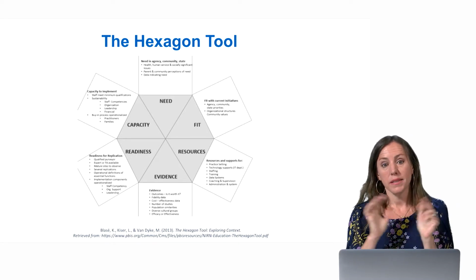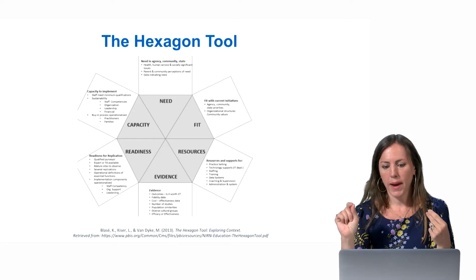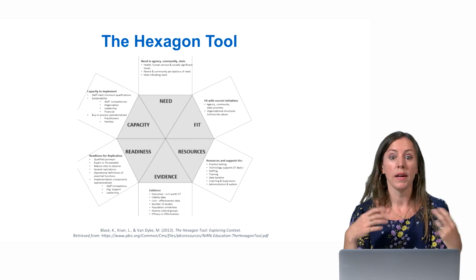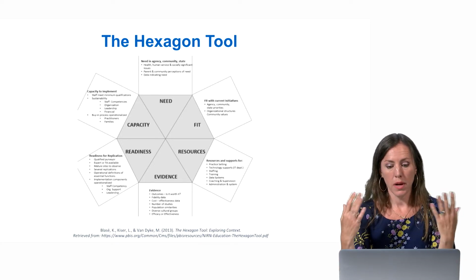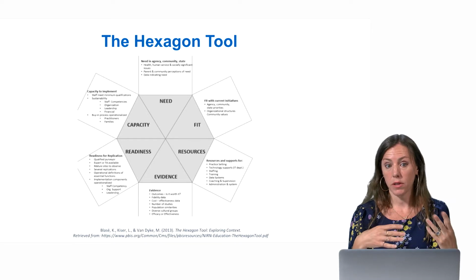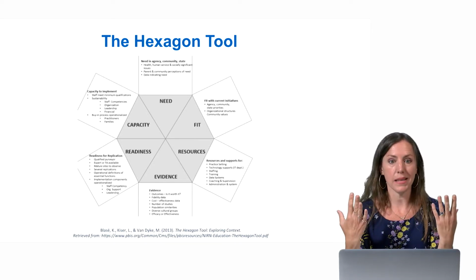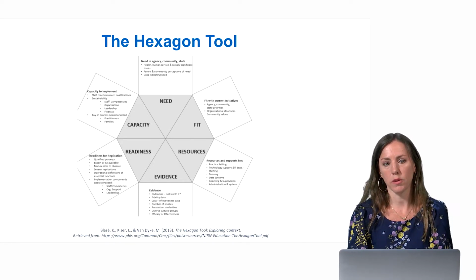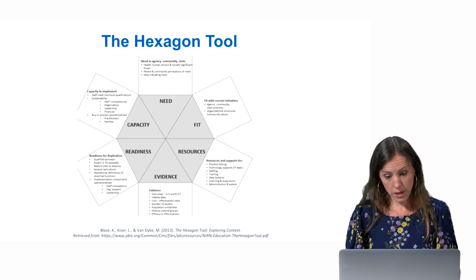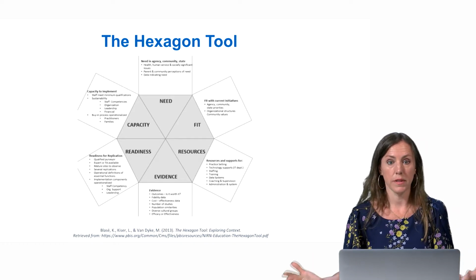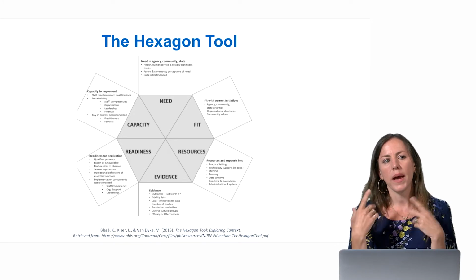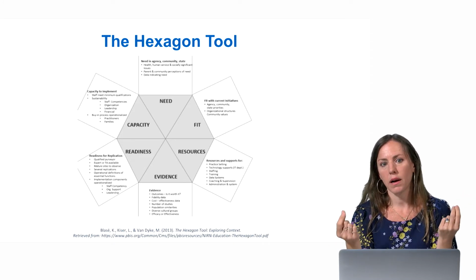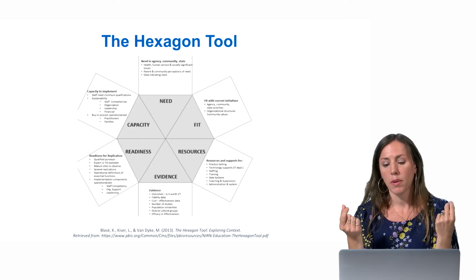It has you, as an individual or as a team, rank for a particular intervention how well you think it fits, how well it aligns with the resources you have available, what the evidence is like, how ready you all feel in terms of being able to implement it, what capacity might need to be built, how it meets existing needs in the community or with your partners. And I think you can either do this individually and then come together as a group and make sure people are on the same page, but it's a really nice way to get feedback, either informally or formally, about the potential fit of an evidence-based program or practice that you're selecting.